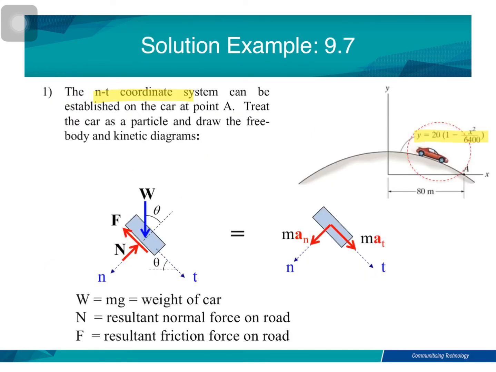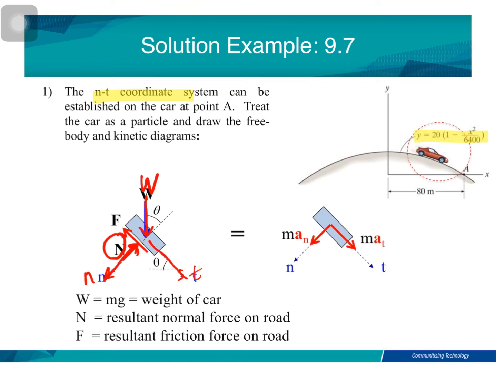Next, we sketch the free body diagram in normal and tangent coordinates. This is your particle, this is the tangent, and this is the normal. You have the normal force N, which you need to calculate, and you also have the weight here.